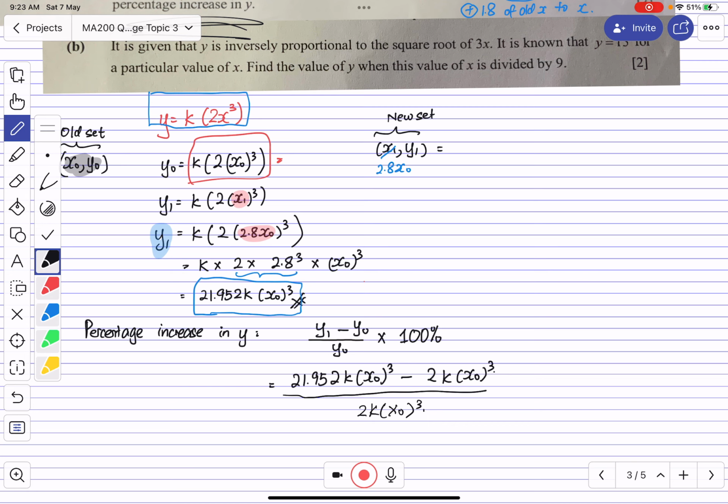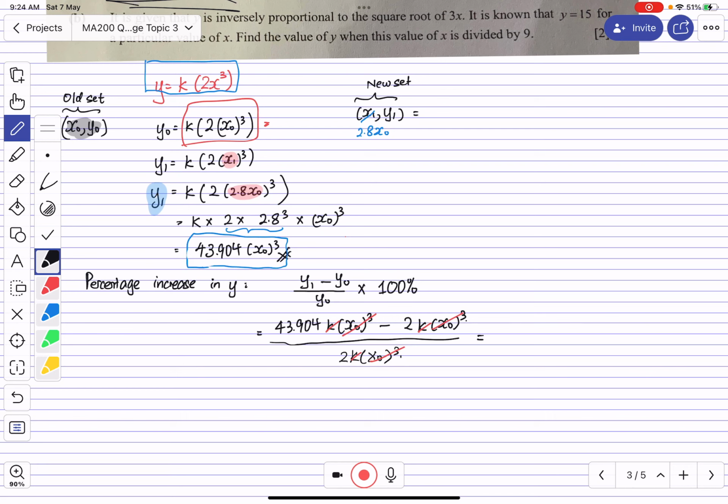Alright, so let me just take my calculator, give me a second. So let me just change this answer a bit. I made a small mistake earlier. This is not 21.94. This is 43.904. Okay, my bad for that. Now I cancel my common factors, which is k, and another common factor, which is x0 cubed.